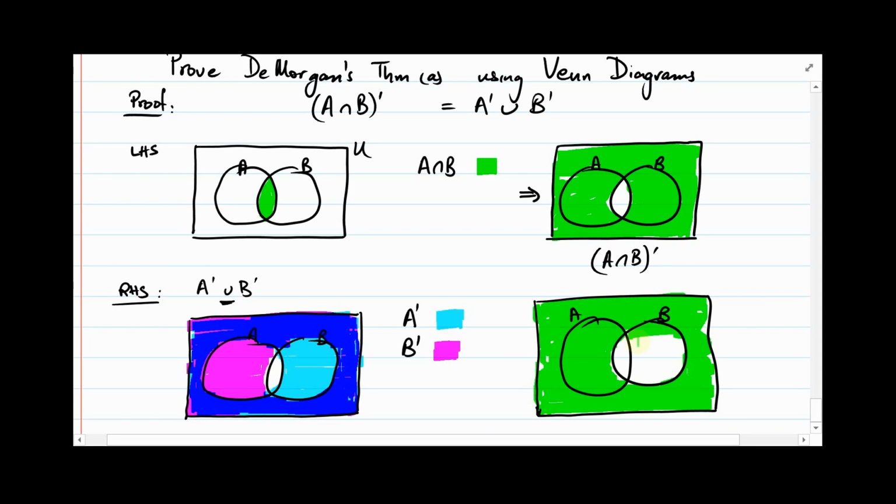And as we have here, not just because it's in a different color, but in our final answer, anything that is shaded is in the A complement union B complement. So indeed, these two things are the same. So it is proven.